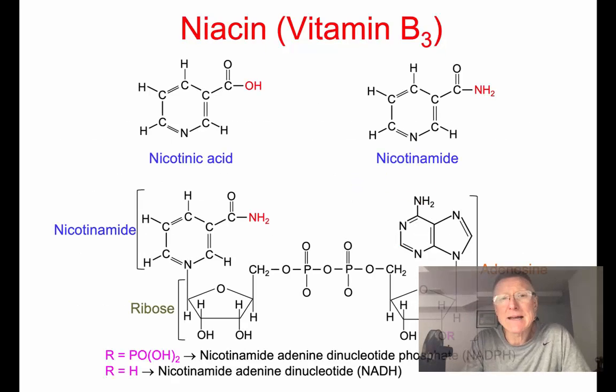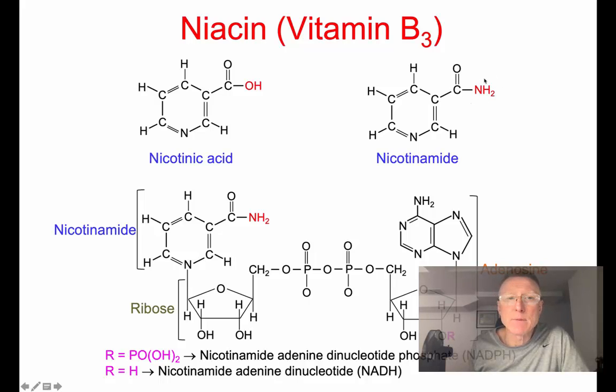So what does niacin, or vitamin B3, look like? We have 2 forms here. We have the nicotinic acid, which is the left form here, which has a hydroxyl group attached to it here in red. And you have also the nicotinamide, which has an amino group attached to it.